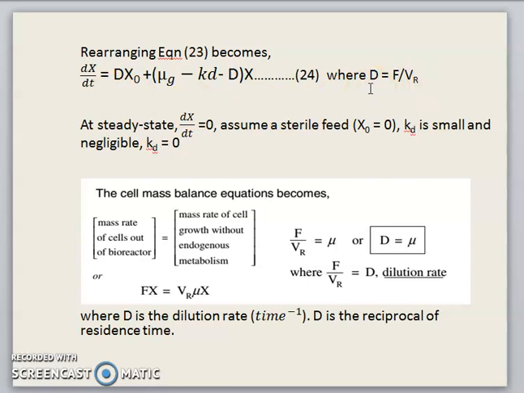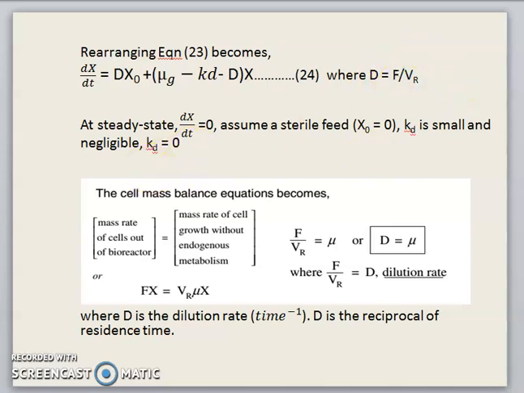You can calculate this dilution rate from the flow rate divided by the volume of the reactor. Then you will have the dilution rate. This volume of the reactor means the working volume during the reaction.